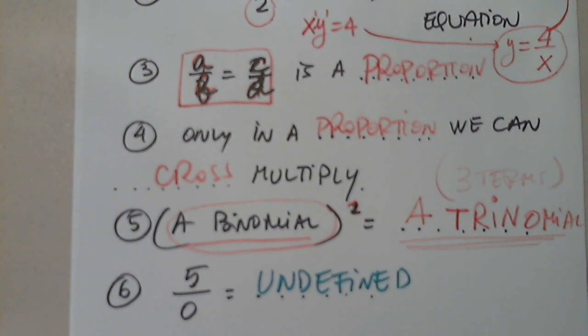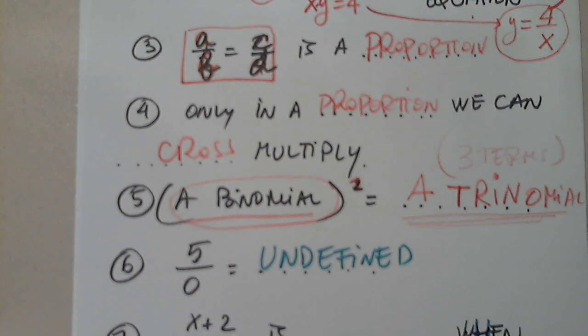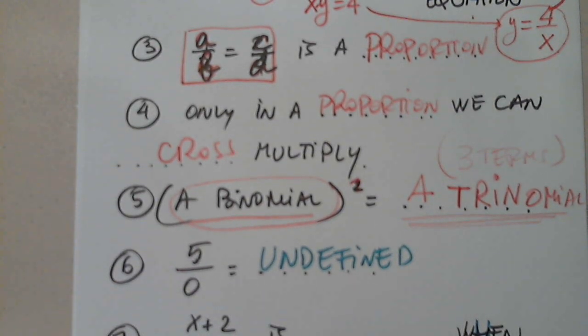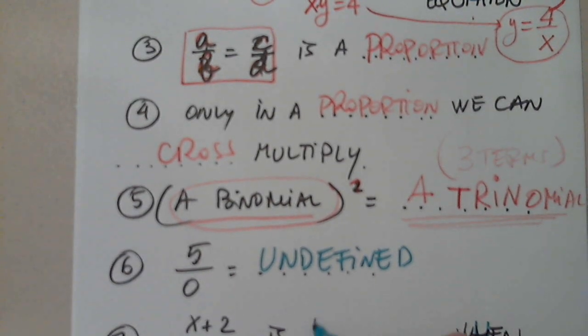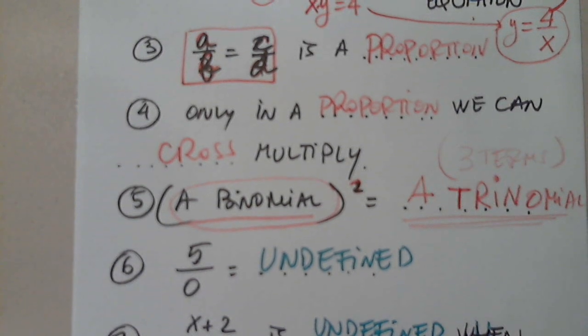X plus 2 over x minus 3 is dot dot dot dot when x equals 3. It's undefined again. Of course. Perfect.